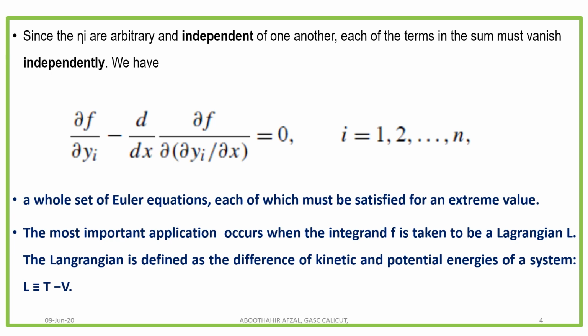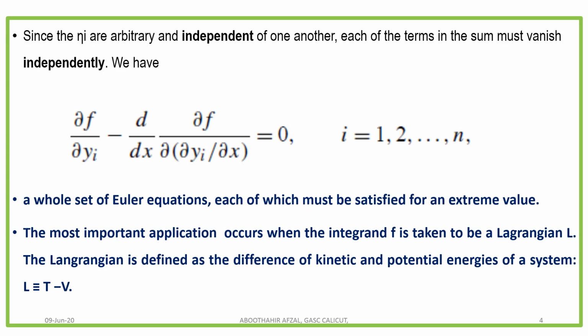That means dou f by dou yi minus d by dx of dou f by dou yix, where yix is dou y by dou x, is equal to 0. That means we are getting a set of Euler equations instead of one Euler equation. So each of these Euler equations is satisfied by an extremum value; each dependent variable y corresponds to an extremum value.